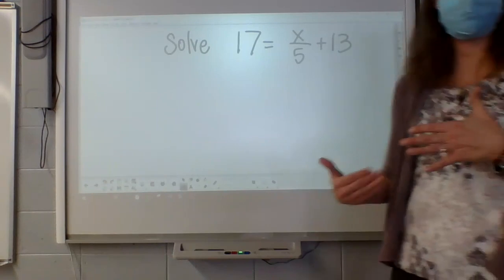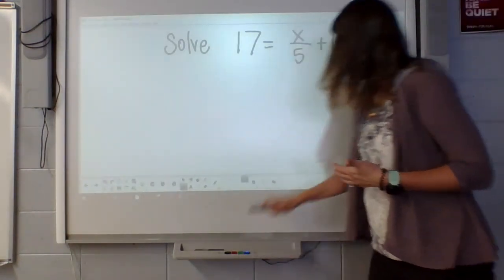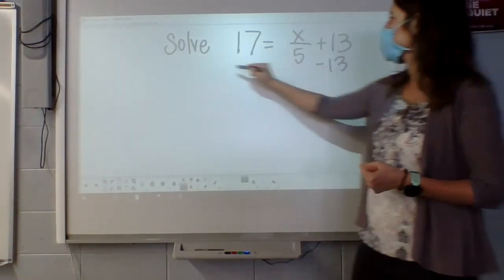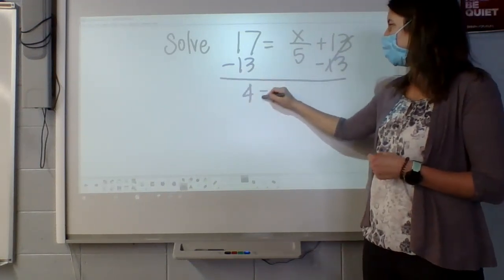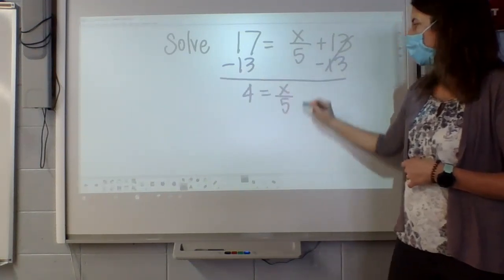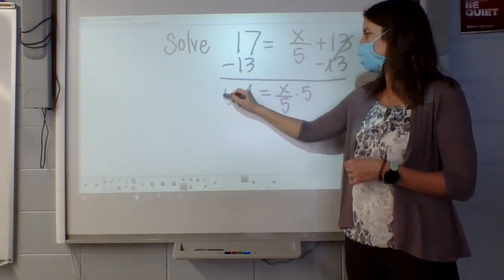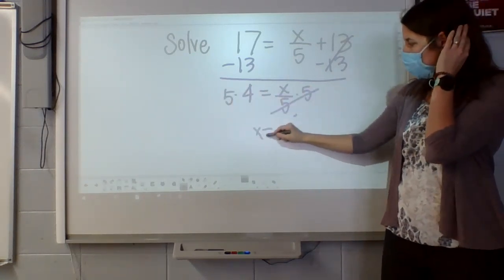Remember, you want to undo what's happening to x. So we're going to move this 13 over. So we get 4 equals x over 5. And then we'll multiply each side by 5. So we find out x would be 20.